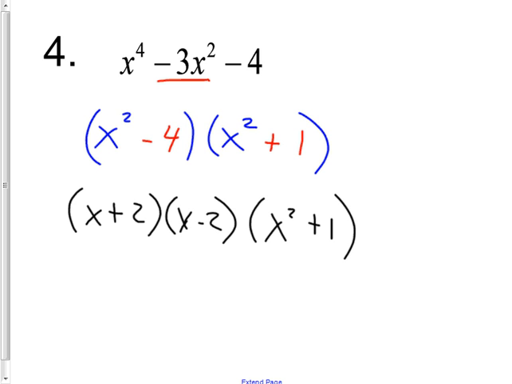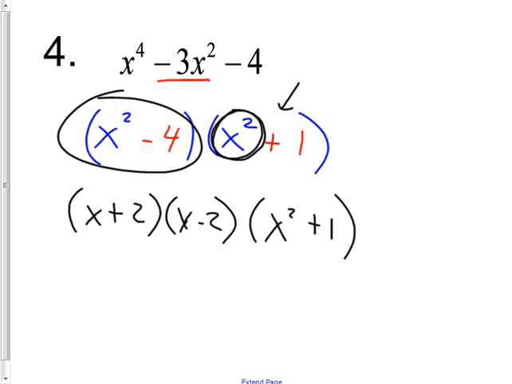You'll get it done and you won't have factored all the way. Look and see if either part would factor. Why wouldn't this part factor? Because that would give you imaginary answers, because you can't make this be negative 1. So anytime it's a minus, it can factor. Anytime it's a plus, it can't factor unless you use imaginaries.